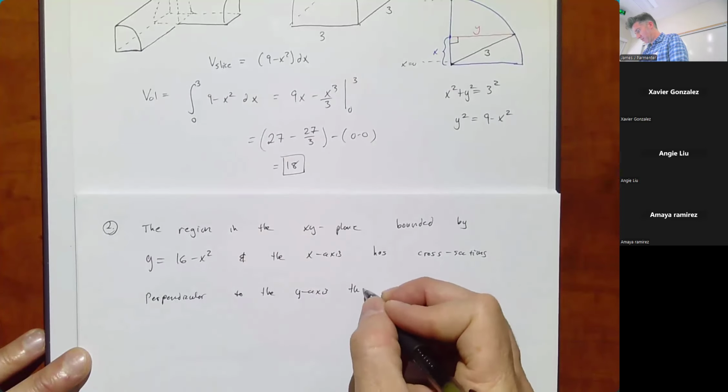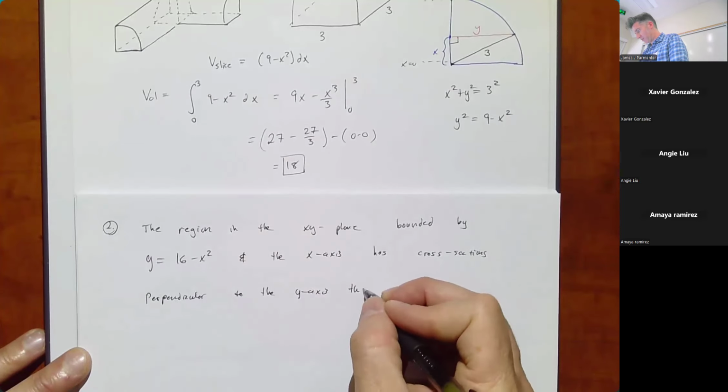It's just your downward opening parabola, y equal to 16 minus x squared. And then I only want the region bounded by that and the x-axis.